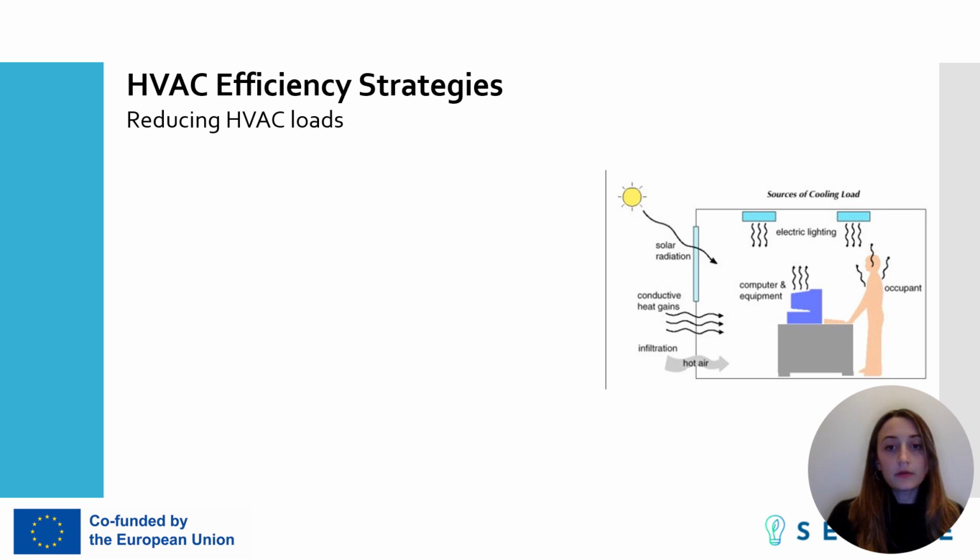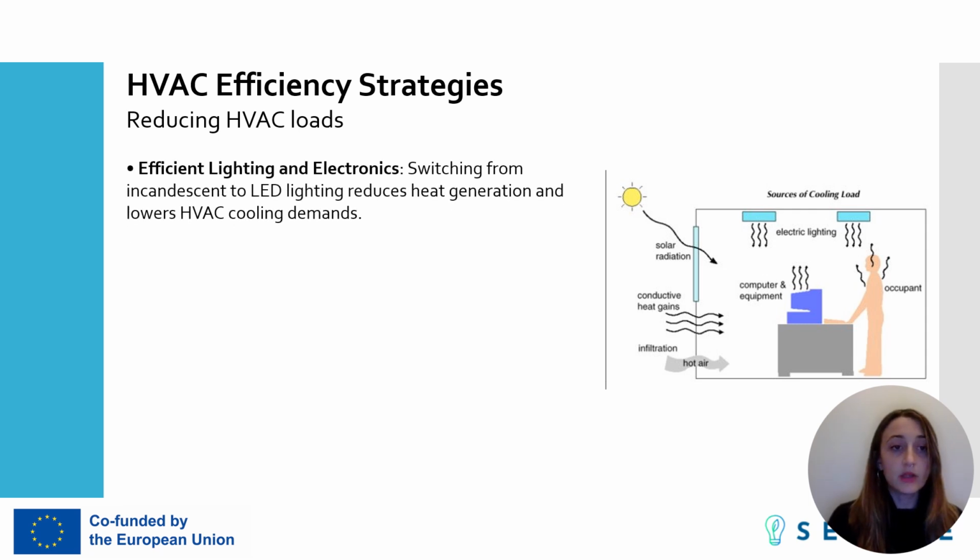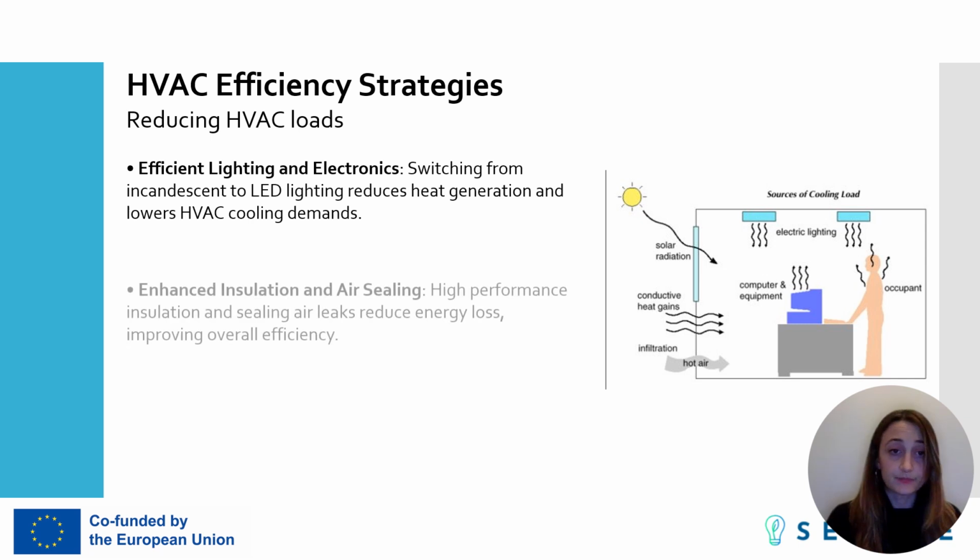But considering how much energy HVAC systems actually consume, let's look at some efficiency strategies. The first strategy is to reduce HVAC loads. The adoption of efficient lighting and electronics, switching from incandescent to LED lighting, reduces heat generation and lowers HVAC cooling demands.